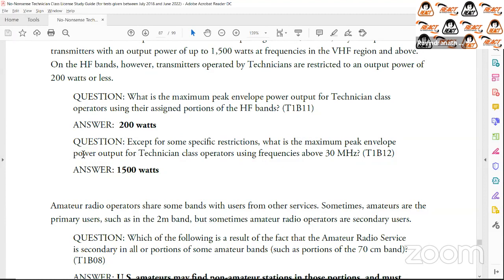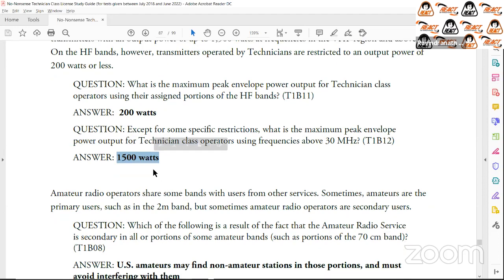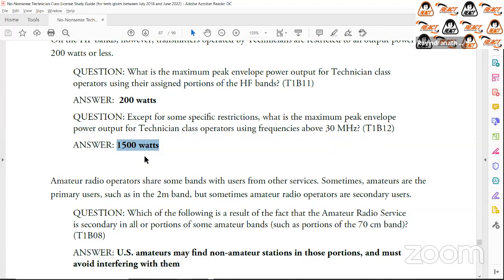But they're asking us about the maximum power for a technician class operator, for what frequency? Above 30 megahertz. So below 30 megahertz is HF and so on, and above 30 megahertz is VHF, UHF and so on. And the answer is 1500 watts or 1.5 kilowatts.